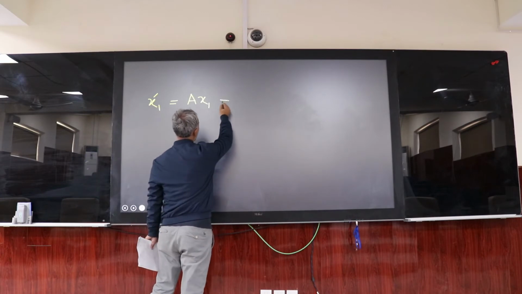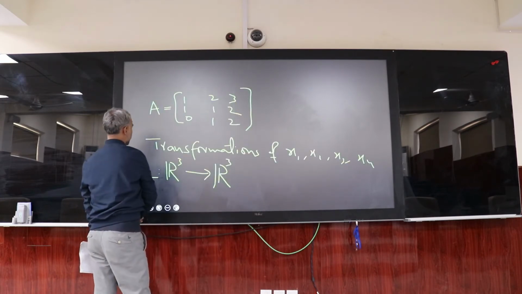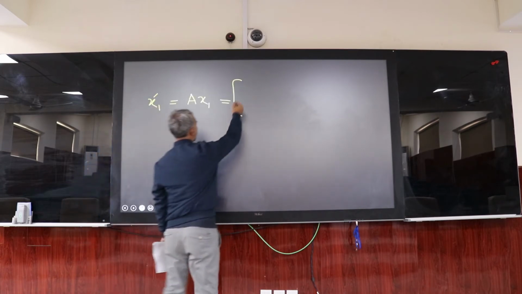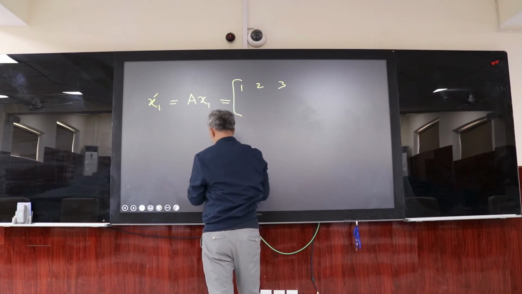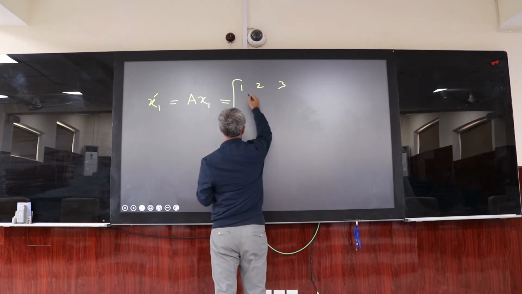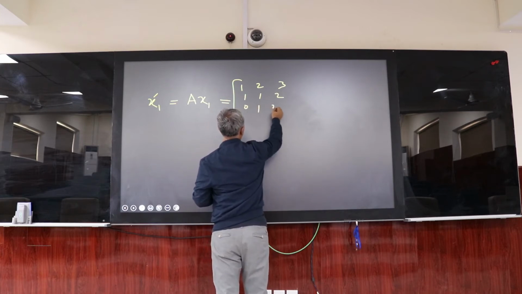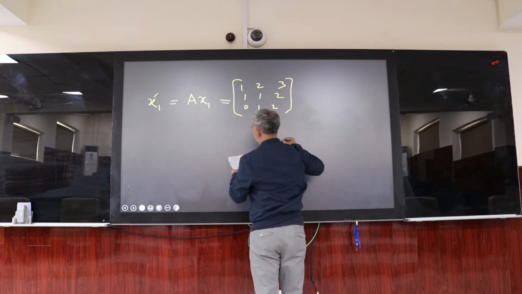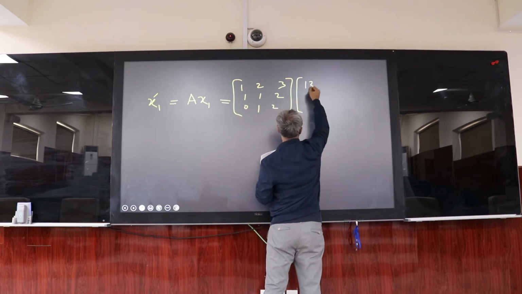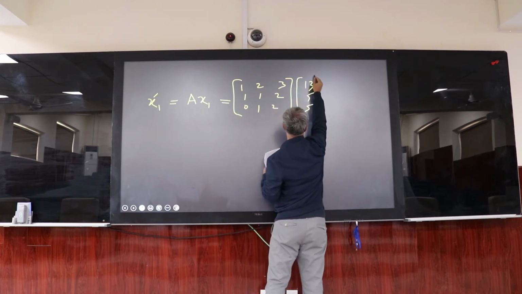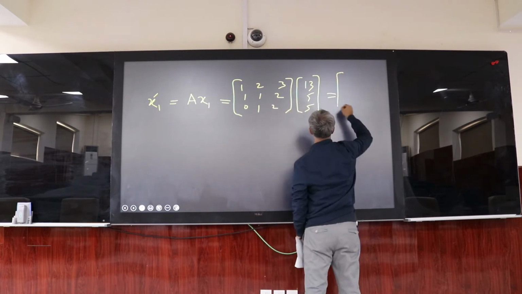Okay, so if we multiply it, one, two, three, 1, 1, 2, 0, 1, 2 with your first vector x1, which is 13, 5, 5, you will get a new vector.